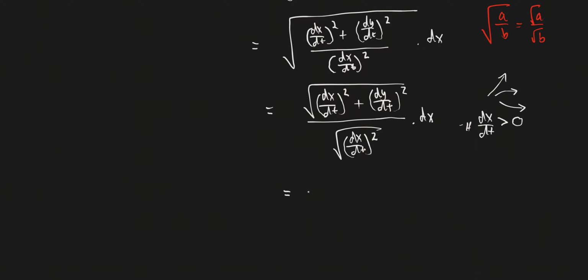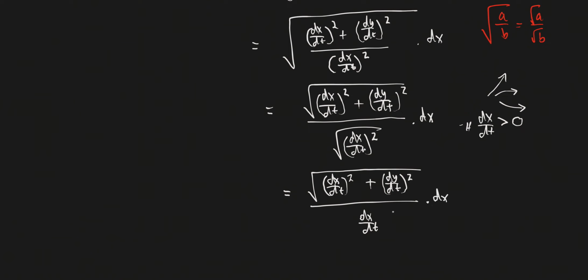Nothing cancels out in the numerator, because we have the sum of perfect squares, which is not necessarily a perfect square. So in the denominator, we're left with dx/dt, and then we have our dx there.